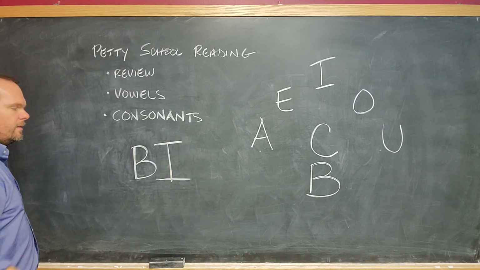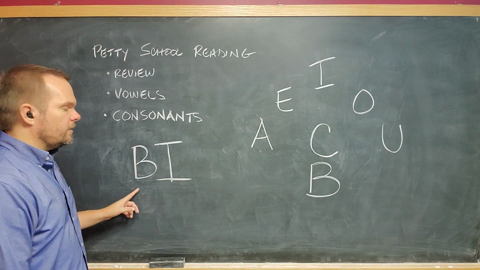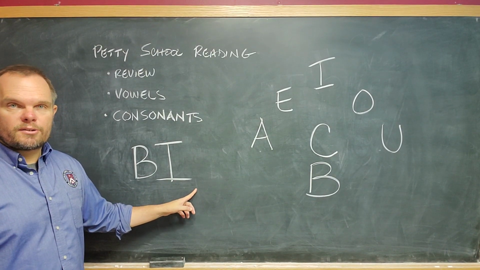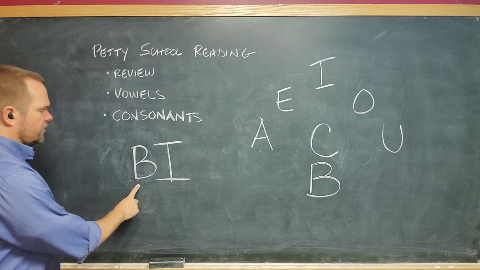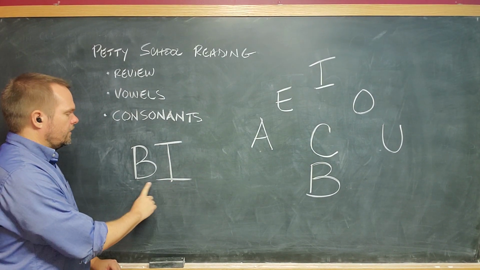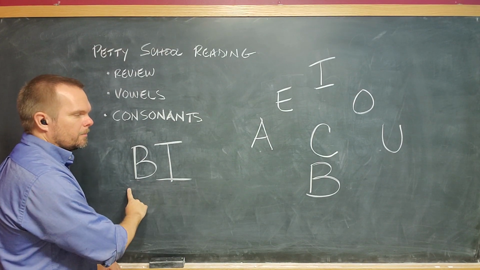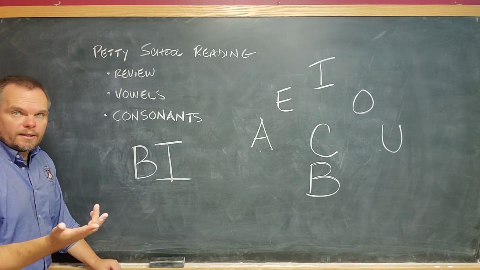How do you read this syllable? What sound does this syllable make? We start with the sound b and add the sound e. This syllable makes the sound be. Did you get that right?